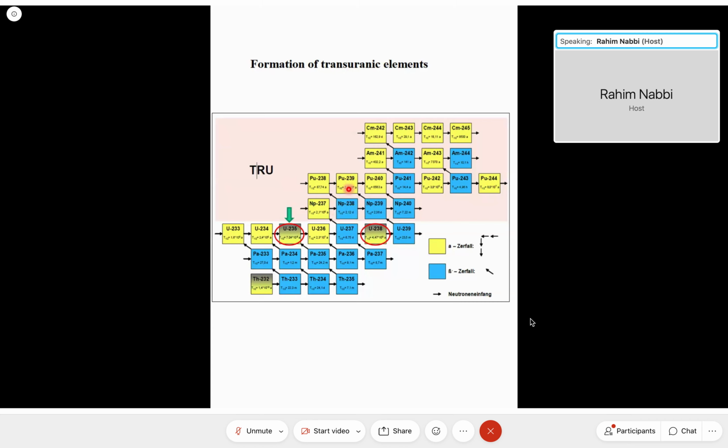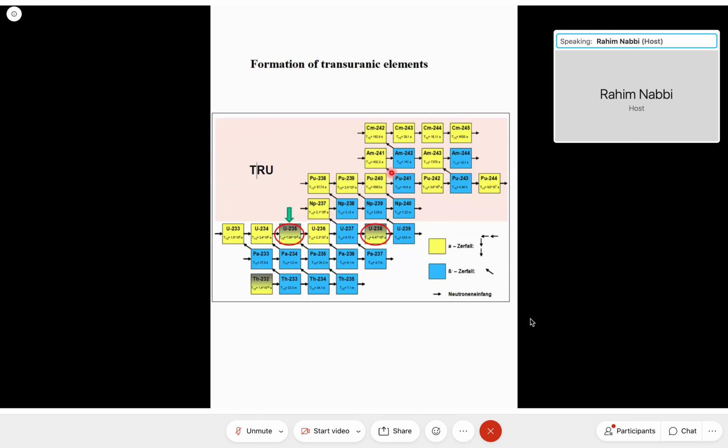It is comparable with uranium-235, a more efficient one, and is now existing in the fuel during the operation, not initially. Then by absorption of a neutron it goes to plutonium-240, and then to plutonium-241.